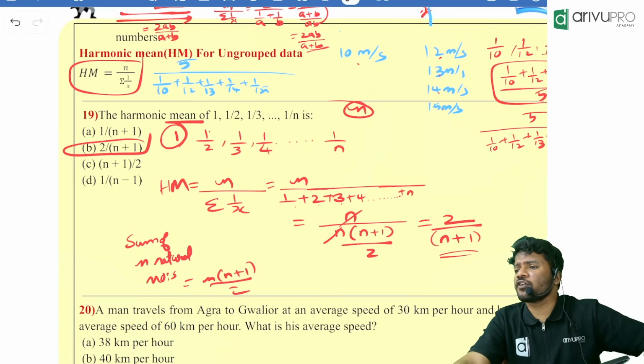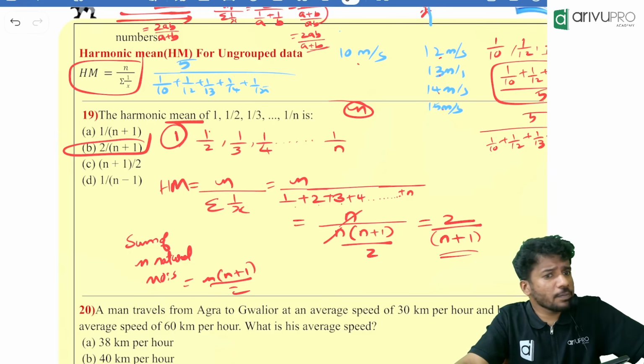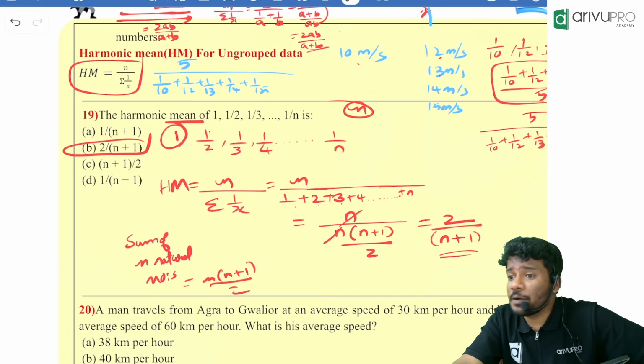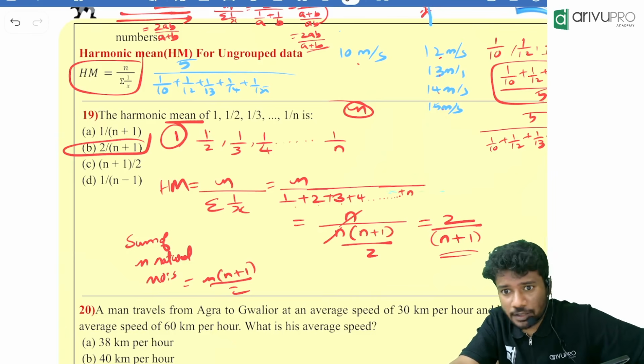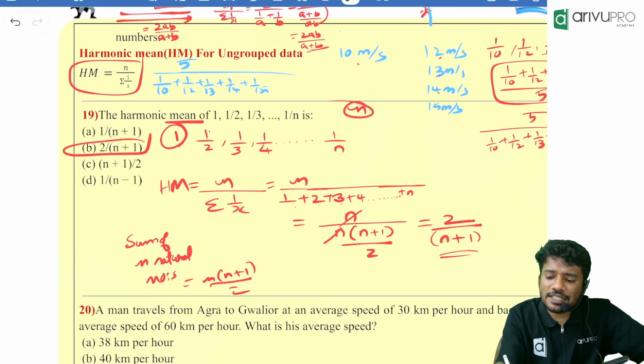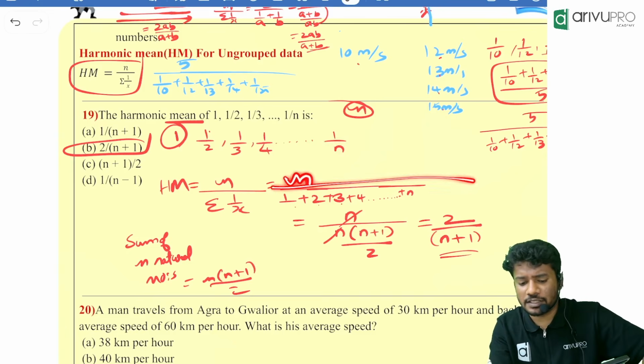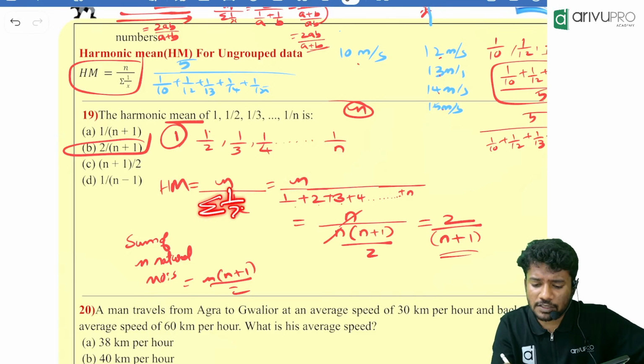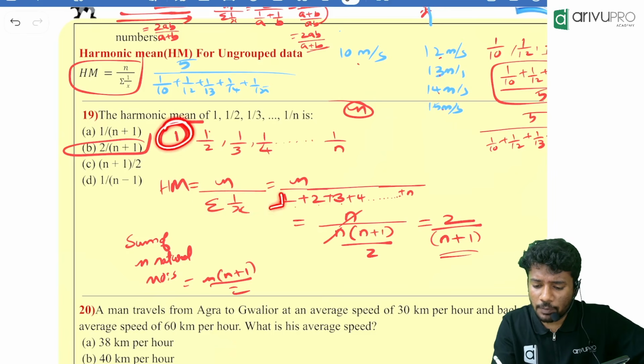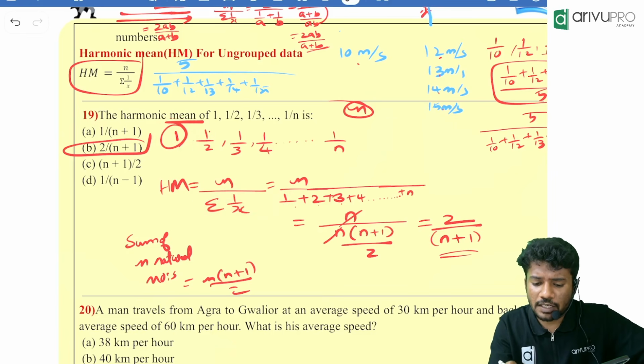So what is the formula for HM now? n divided by sigma 1 by x for ungrouped data. Now people, how much is the n over here? In total there are n itself, so I will put n itself. Then people, sigma 1 by x. 1 by x will be written as 1 by 1 is how much? 1. Then 1 by 1 by 2 will become 2. 1 by 1 by 3 will become 3.